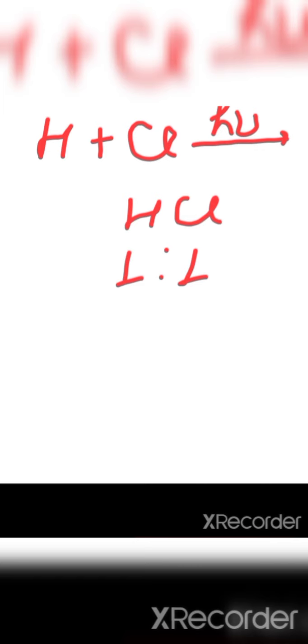These are known as compounds, and compounds are always heteromolecular, means different kinds of atoms combine with each other and produce molecules which are hetero in nature. These are elements and compounds.